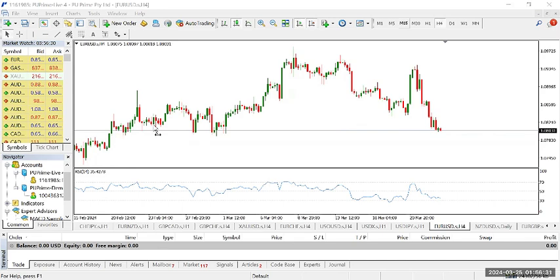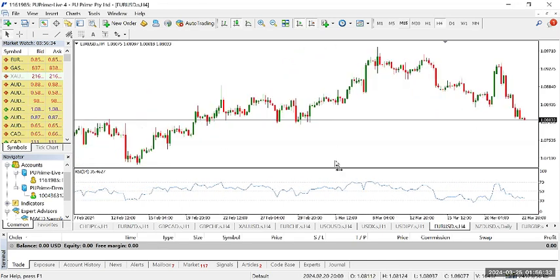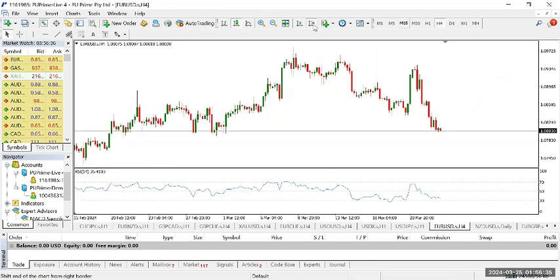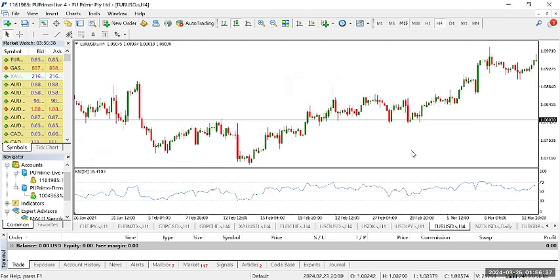If we scroll down again, we'll see other instances where the RSI got to 70 and there was a decline in price. Here, RSI got to 70, and we could see a minor decline in price.